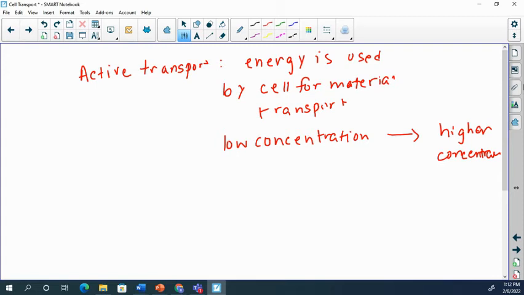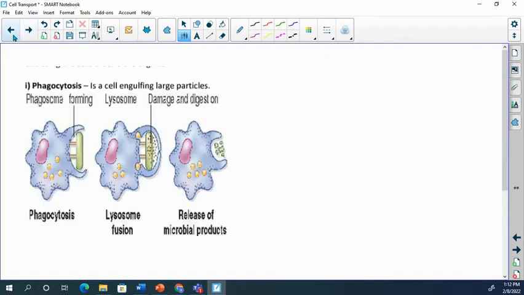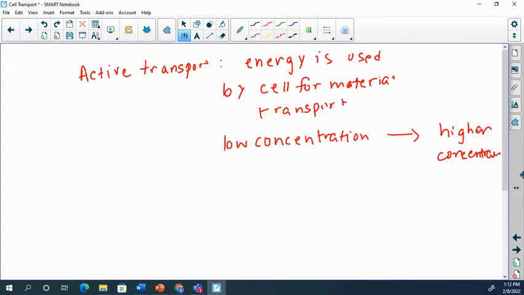And sometimes molecules need to fuse to take it inside, and it is called endocytosis. So let's talk about endocytosis. First of all, let's look at the term endocytosis. Endo means in.